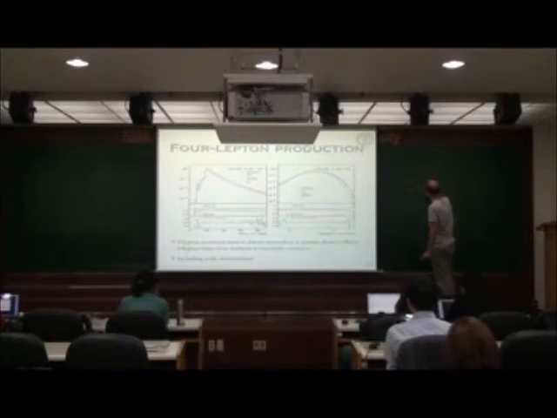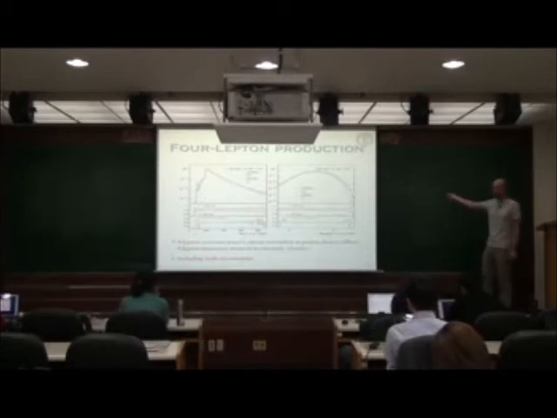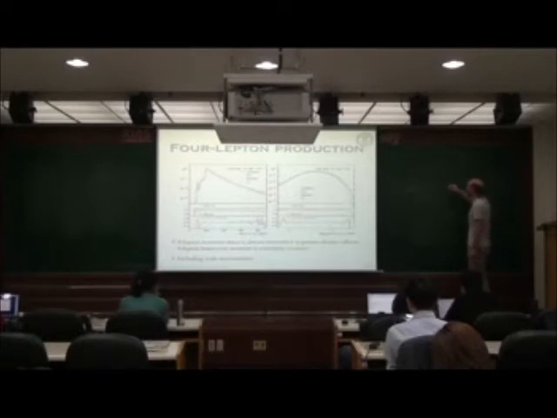So there are diagrams like these. These are the contributions. There's another set of contributions, but these are the bulk. The peak region here is all coming from contributions like this.